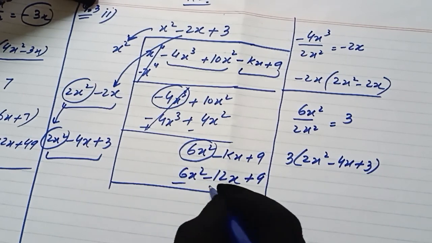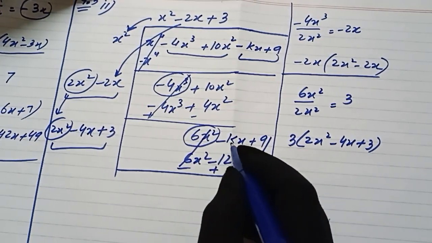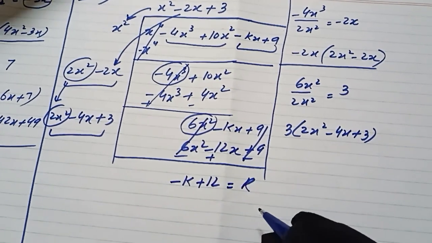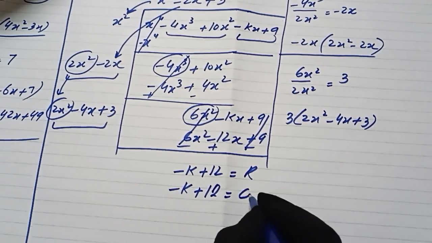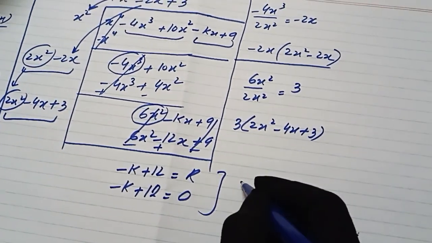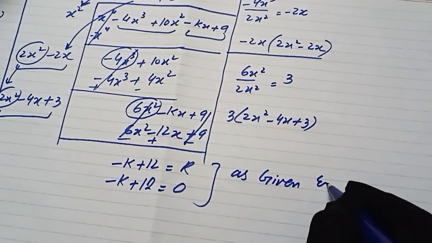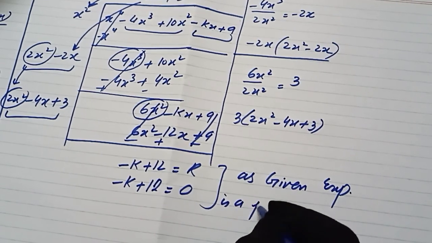Subtract it. Cancel. Here minus k and plus 12 left as a remainder. And you know that minus k plus 12 is equal to 0. Remainder is 0 as the given expression is a perfect square.